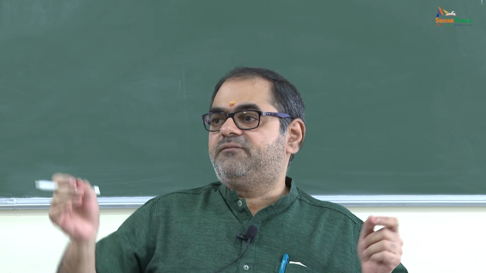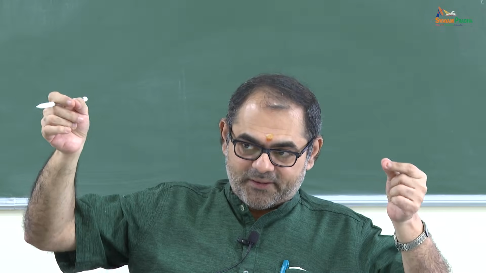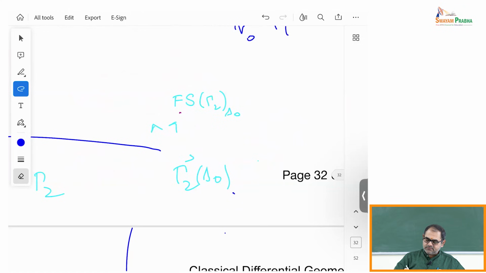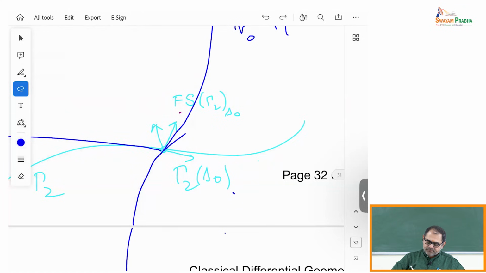They only look different because you are seeing them at the points on the curve. The moral of the story is there is one more frame here, and this blue one is the Frenet-Serret frame of T V naught circle gamma 1 at S naught.